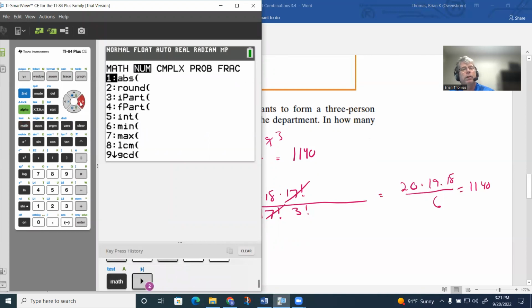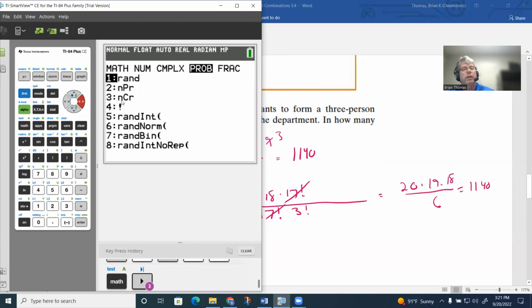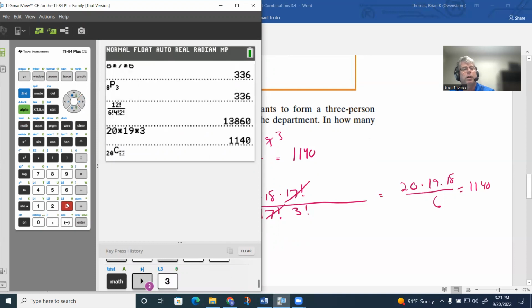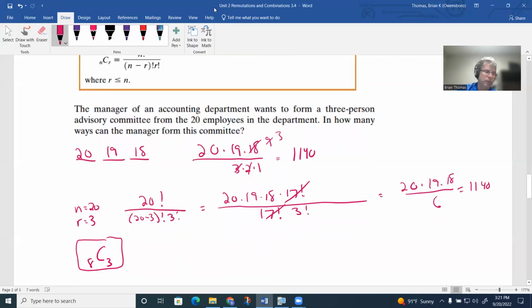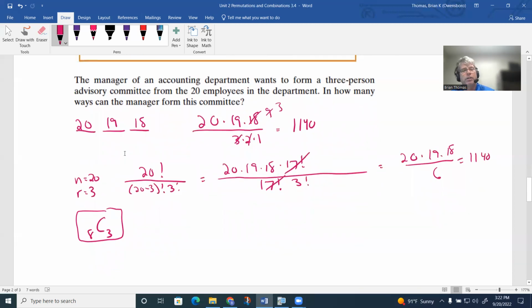We come over here to probability, and we choose a combination, which would be the 3, and we're choosing 3 of those. Hit enter, and that also gives me the 1140, without having to do any of the math, just putting it into the calculator. So that would be how we could put a combination into the calculator.